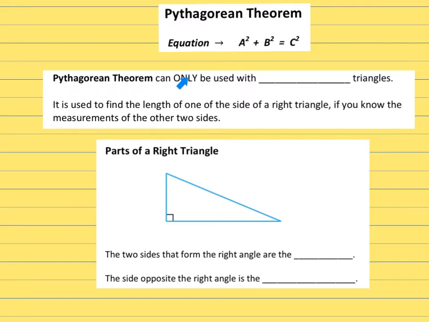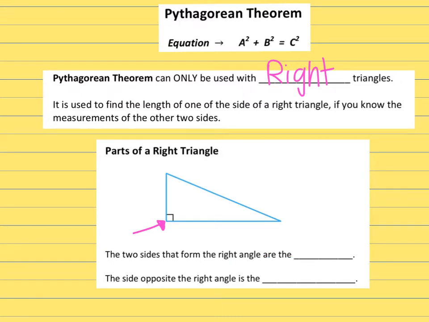Pythagorean Theorem can only be used with specific types of triangles. And as you can see on this page, it says a right triangle. Down on the diagram below, when you look at where the right angle is located, the sentence below it says that the two sides that form the right angle are the legs.